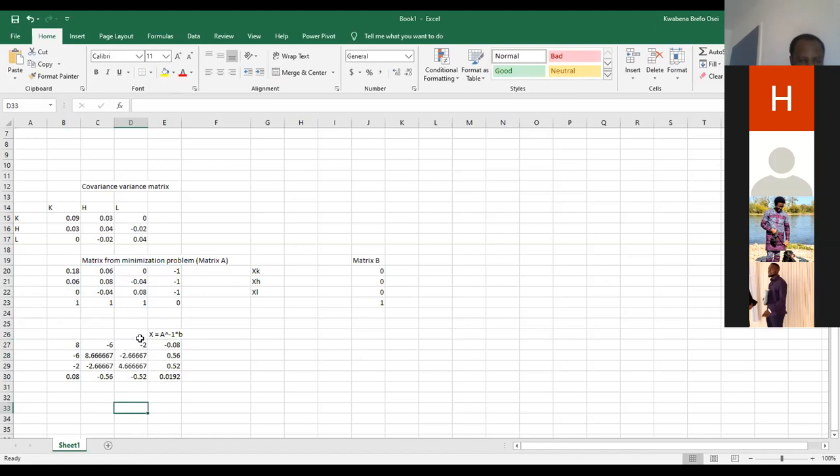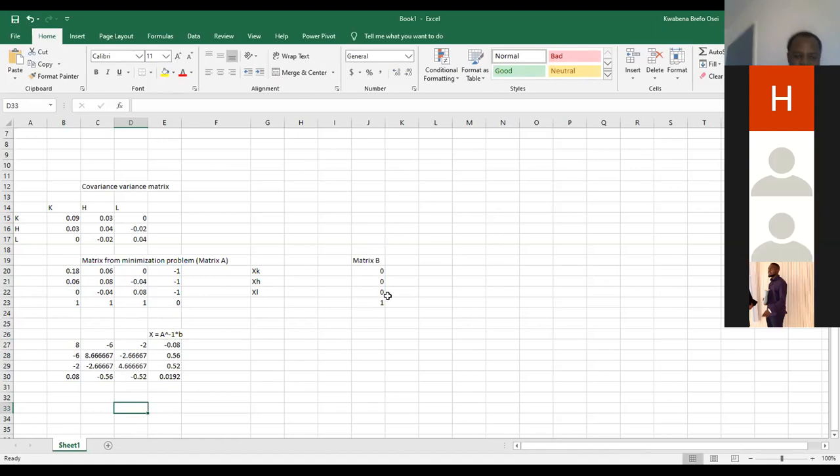So now what I'm looking for in this case is just the matrix inverse. So this is the matrix inverse. Now what I'm going to do is multiply the matrix inverse by this matrix.